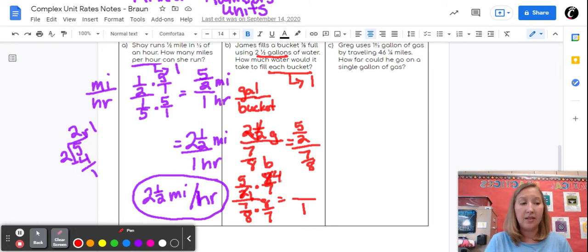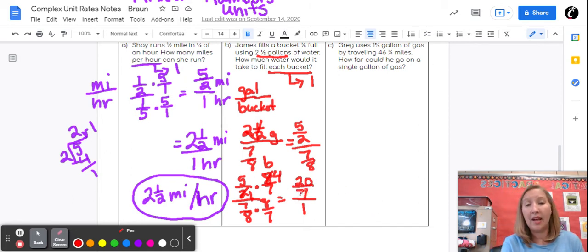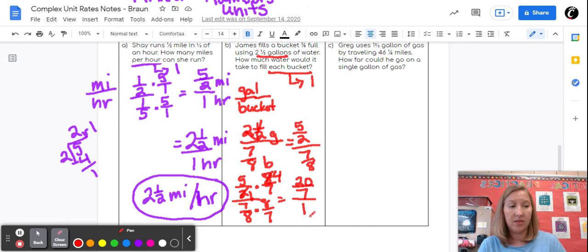That makes it a little bit easier on me when I multiply, because then I'm not dealing with as big of numbers. So now I'm going to multiply 5 times 4 to get 20, and 1 times 7 to get 7. Now, that means I have 20/7 over 1. So that's 20/7 gallons per 1 bucket.